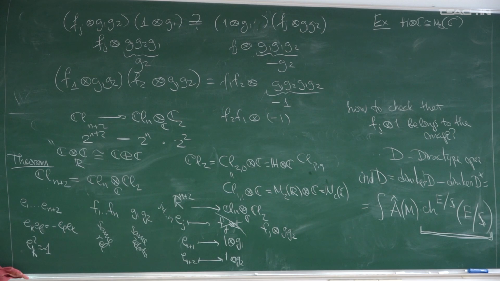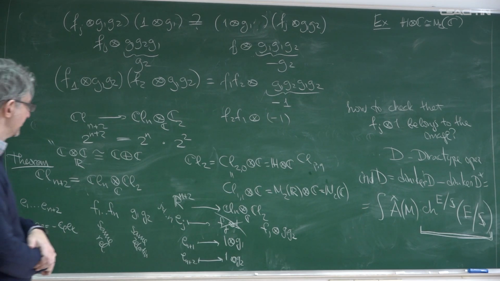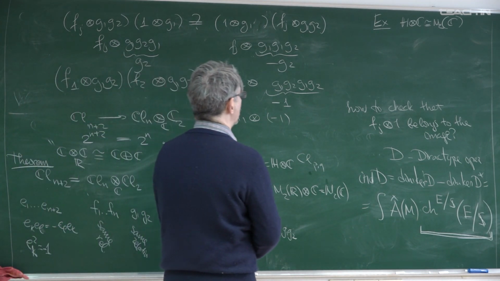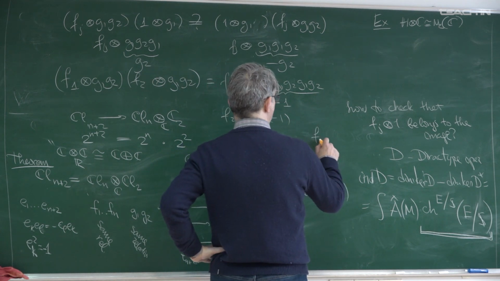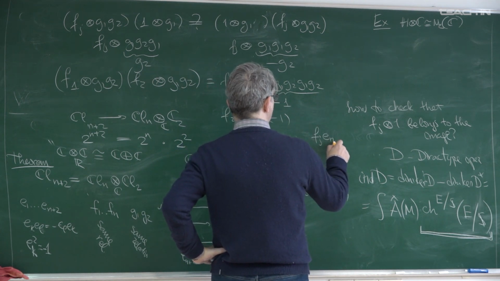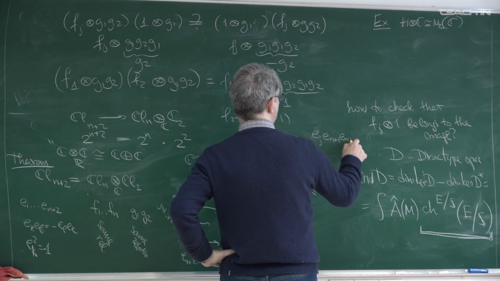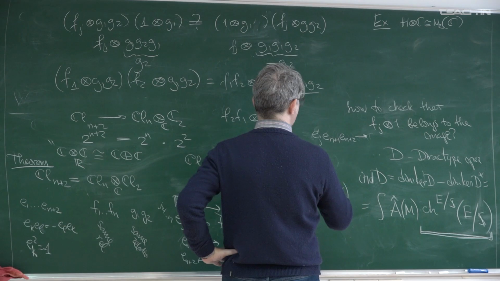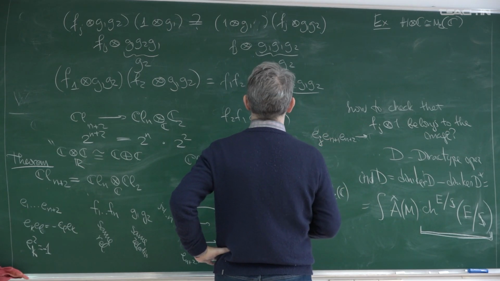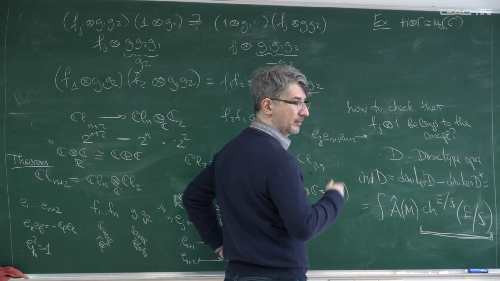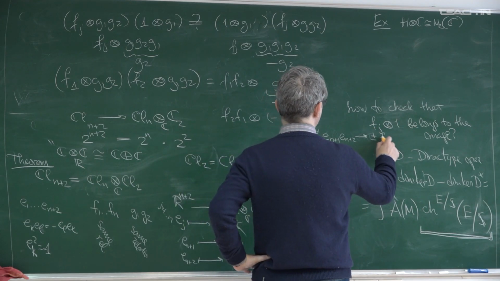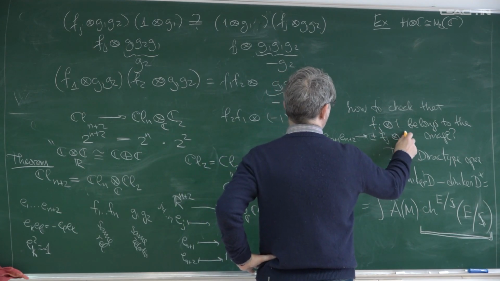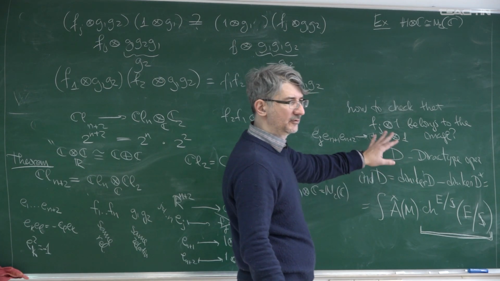Ej, En+1, En+2? Yes. Ej, En+1, En+2 is sent to plus minus Fj tensor 1. We don't care about sign, it's okay.